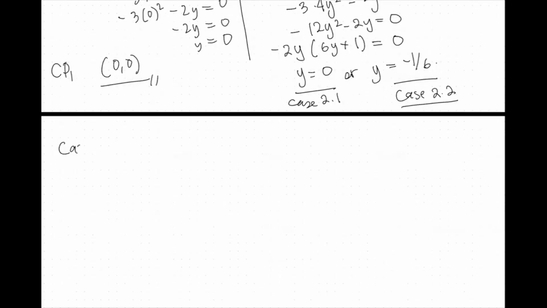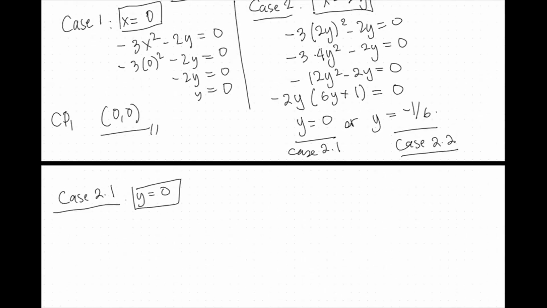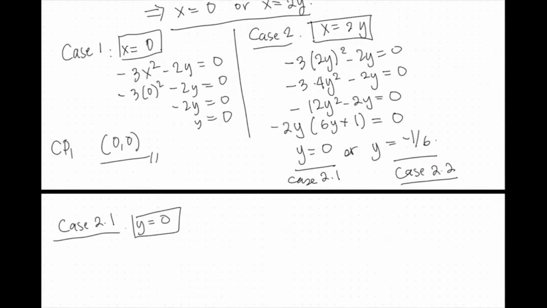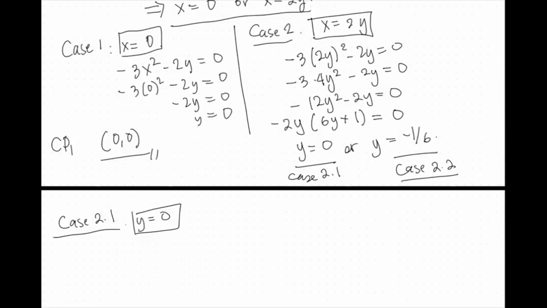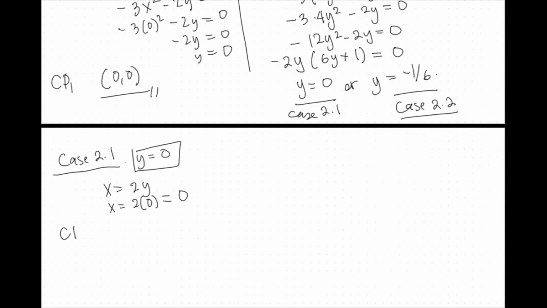For case 2.1, we get y is equal to 0. When y is equal to 0, then we will substitute into our equation x is equal to 2y. That means x is equal to 2 times 0. Here we get 0. So we get the same critical point CP1, which is just (0, 0). Now, we have case 2.2.